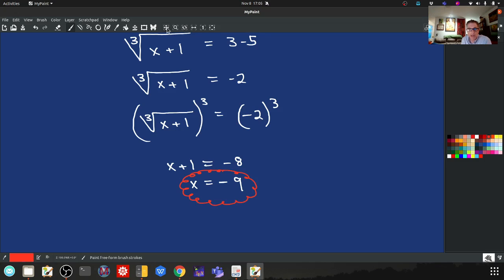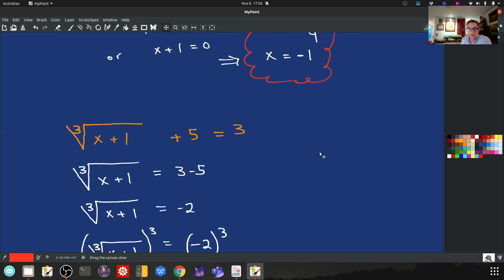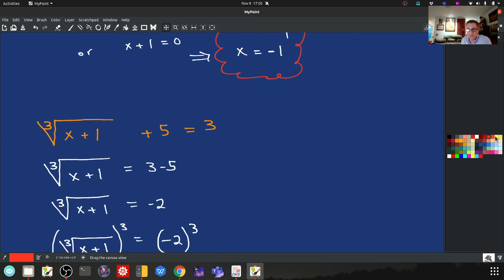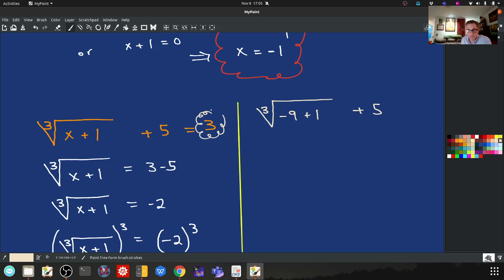I have to go back up and I have to check. So here's my original. So let's plug in x is equal to -9. So I have the cube root of -9 plus 1, plus 5, and I want to see if that is equal to 3.